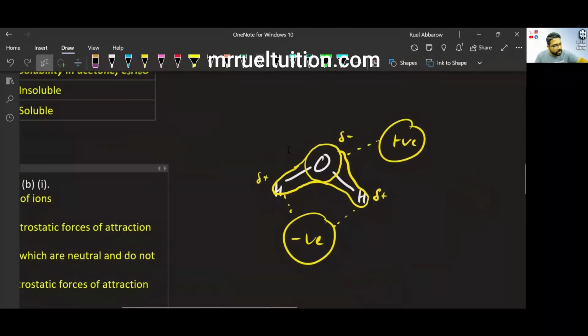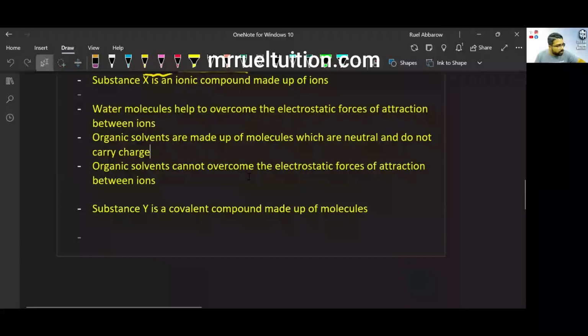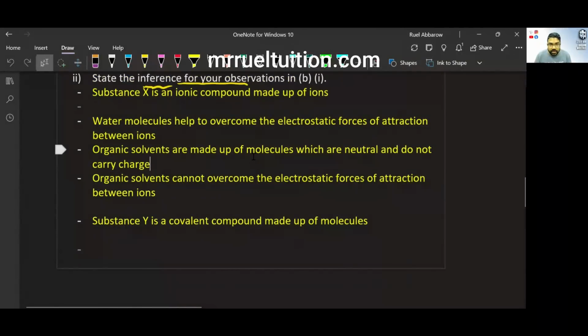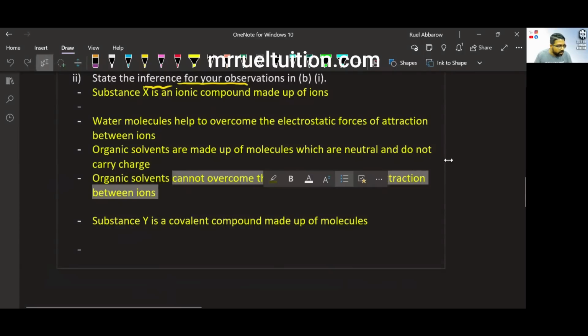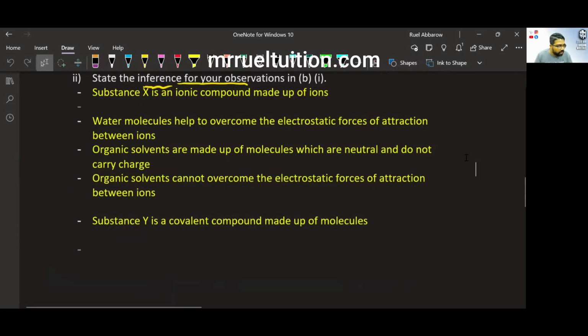This is what we call the polarity of water. Water is polar. It has a partial negative and partial positive charge, right? Organic solvents are neutral, they don't have any charge, they're not polar, and so they cannot overcome the electrostatic forces between the ions.